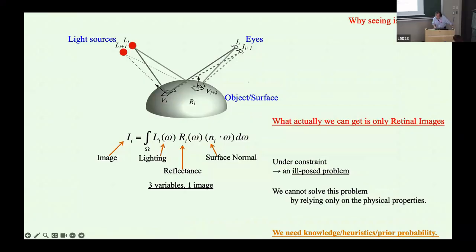So to construct an image, you need to know three factors. But the retina doesn't send these three factors independently. Not just the image, some information about the luminance might be sent.